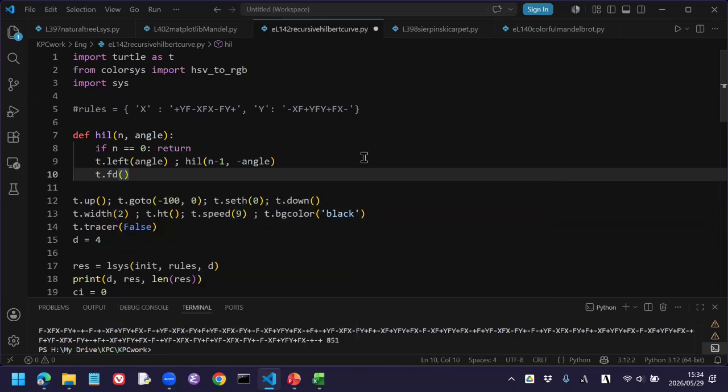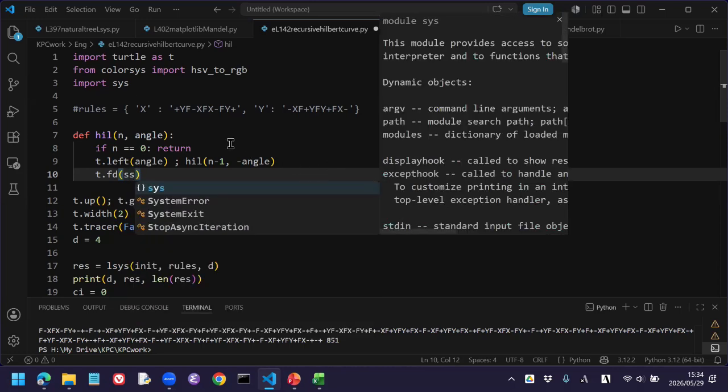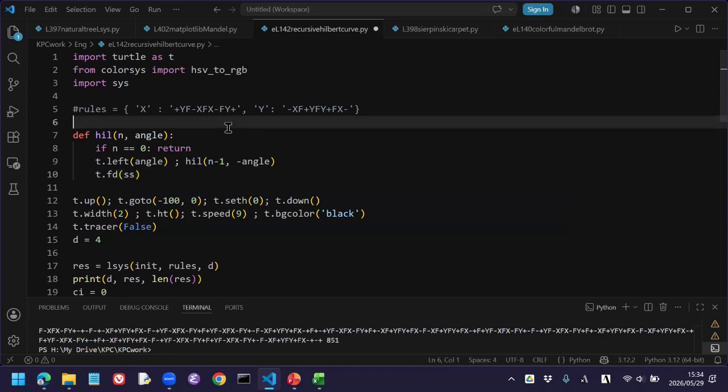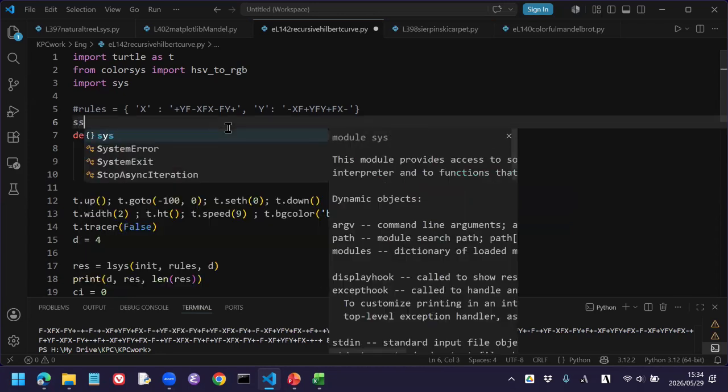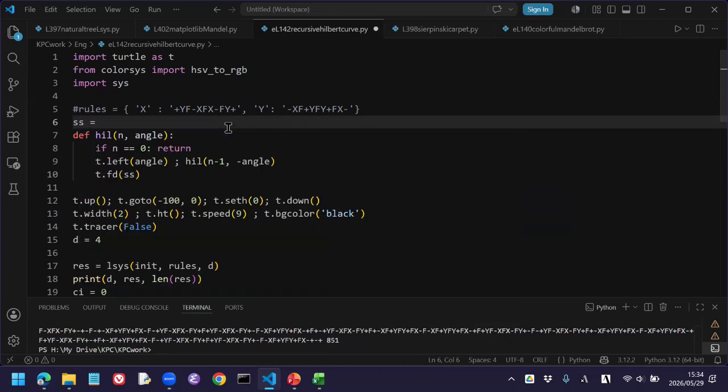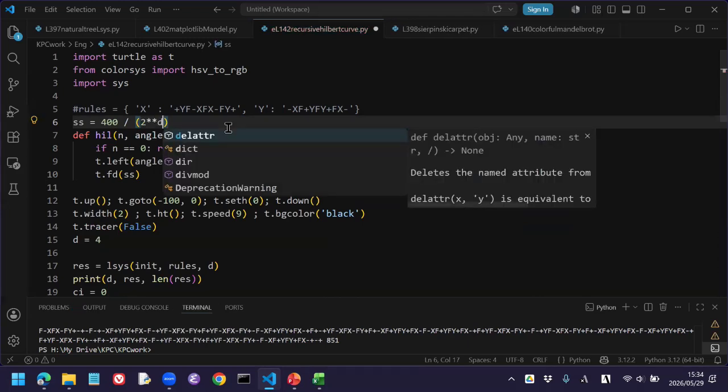Distance is, let's define distance as a constant ss, and define it outside of the function. ss equals 400 divided by, I will explain about it, 2 raised to the power d.